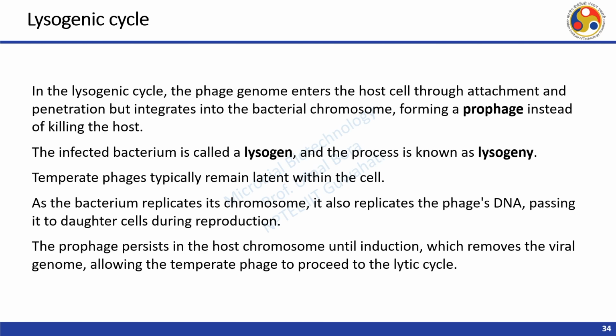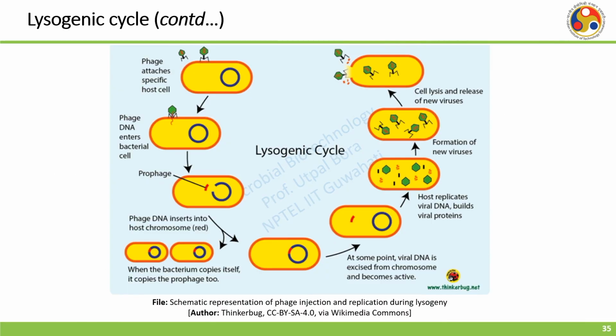The prophage persists in the host chromosome until induction, which removes the viral genome, allowing the temperate phage to proceed to the lytic cycle. So, here is the lysogenic cycle, which was already discussed, starting from the attachment, and then the internalization of the DNA, and then formation of the prophage and replication and distribution into the two daughter cells.